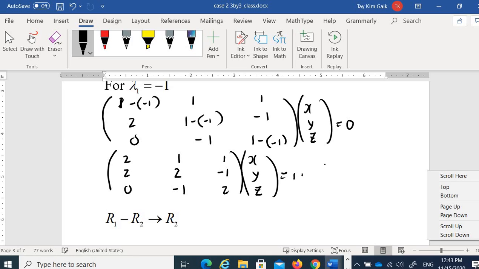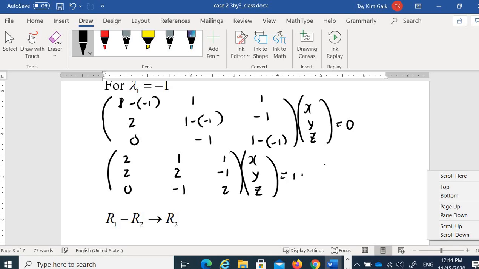Okay, now like the previous example, we said it is not easy to see whether these 3 equations are equivalent, and if they are equivalent or not, then we need to use a row operation. So easily, you take either row 2 minus row 1 or row 1 minus row 2. In this case I take row 1 minus row 2.